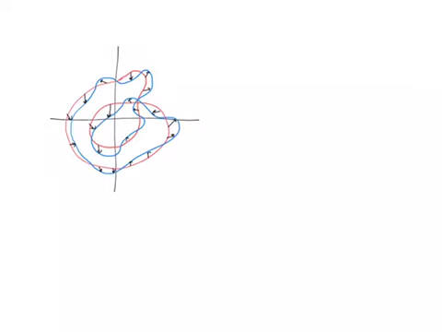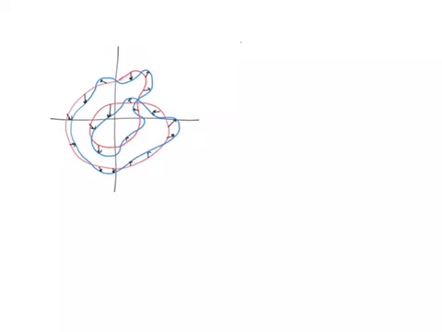And the conclusion here is that if the black arrow is sufficiently short, so if the black arrow is less than the distance from the red curve to the origin, then we can be confident that the blue curve winds around the origin the same number of times as the red curve.